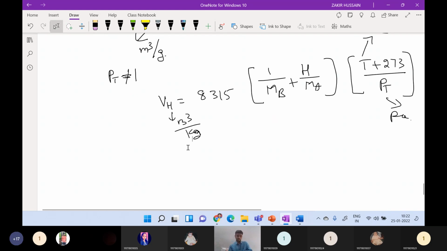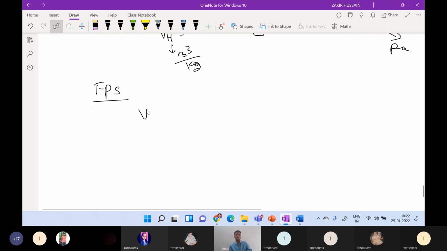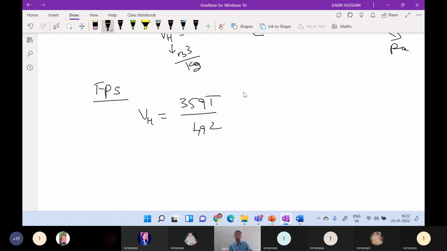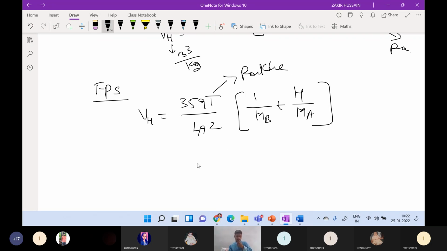And if you want to go for FPS units, pounds per square inch units, in this system VH is defined as VH is equal to 359 T by 492 into (1 by MB plus H by MA), where this T is the temperature in degree Rankine.